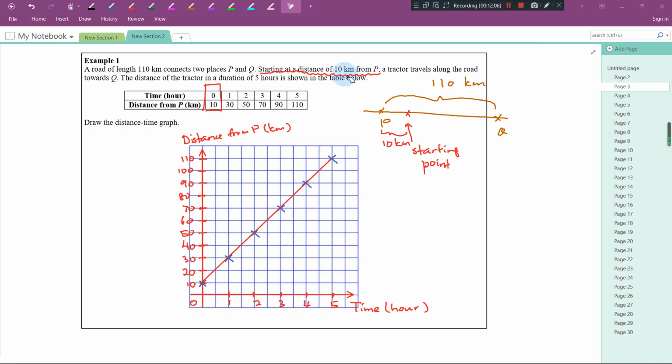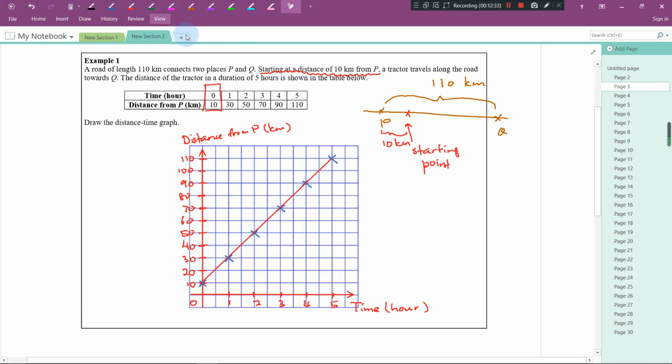Uniform speed means that the speed of the object always remains unchanged, always the same. Okay, so you can find the gradient between these two points, or these two points. You always get the same. It means that this tractor moves at a uniform speed. You have a straight line.